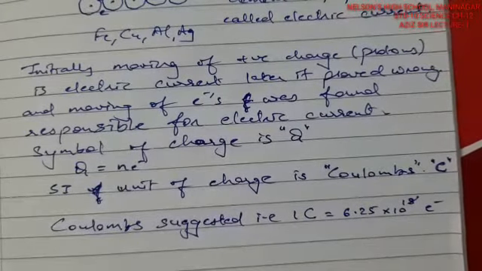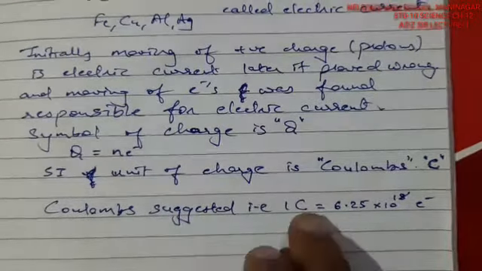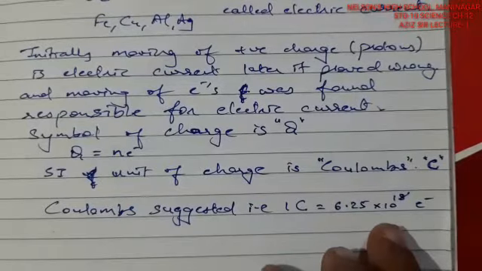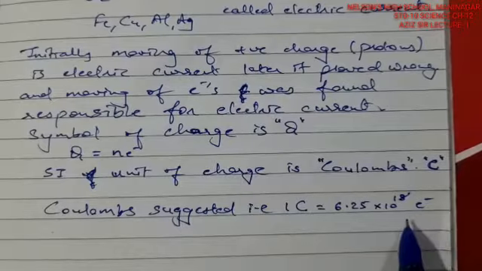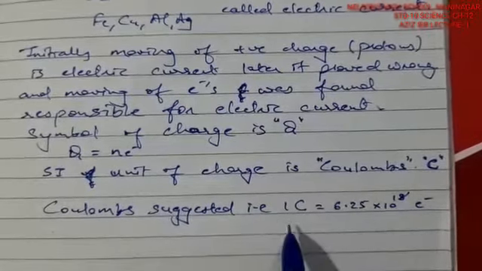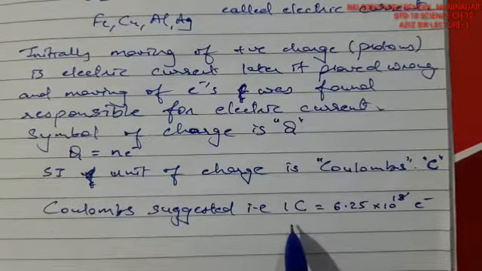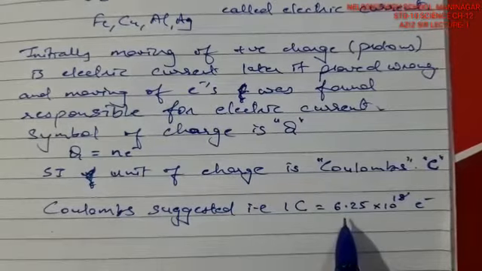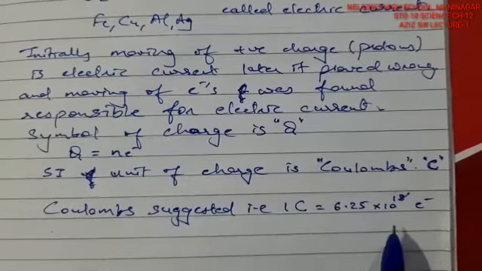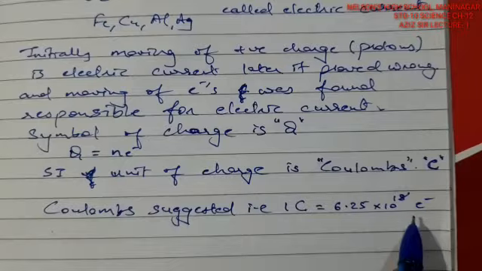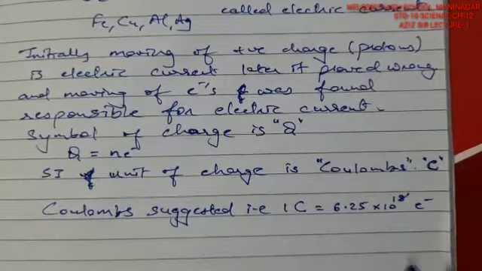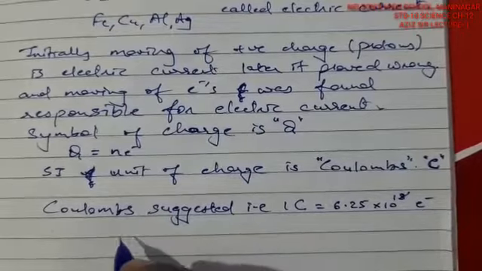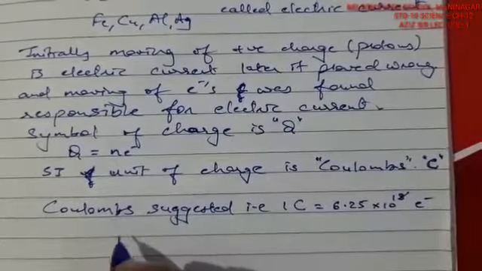So 1 coulomb contains 6.25 into 10 raised to 18 electrons. These many electrons together make up the amount of charge that is 1 coulomb. These many electrons multiplied by the charge of 1 electron coincide to form 1 coulomb of charge.